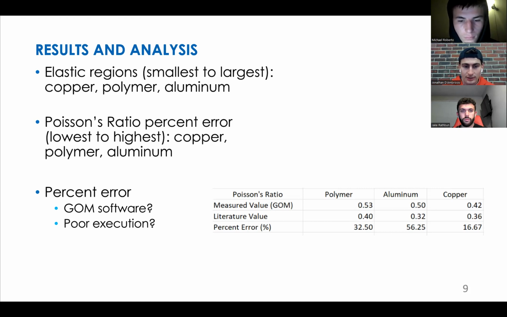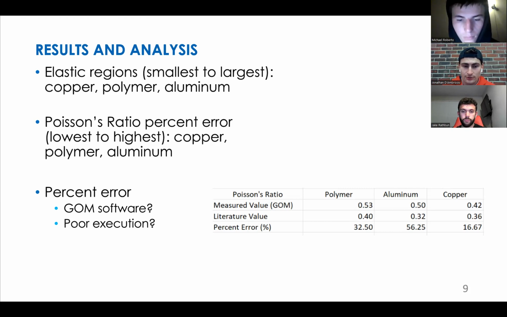And then we were able to take the GOM calculations and find the Poisson's ratio for each one of them, which you can see was 0.5, 0.5, and 0.42. And comparing those to the real world values, we saw that although they were close to the real world values, they were a little bit off, causing some pretty significant percent error.